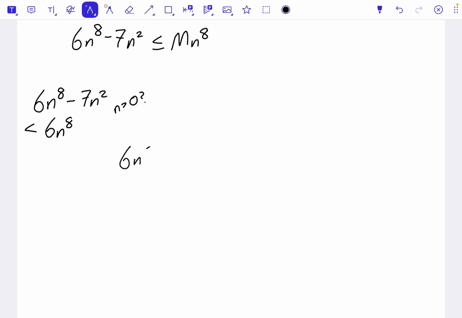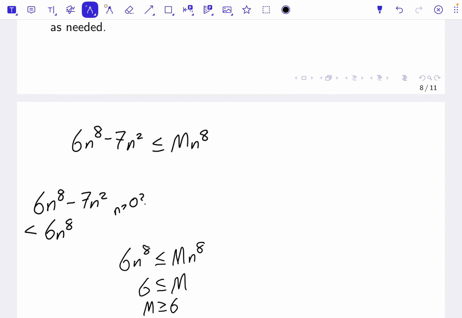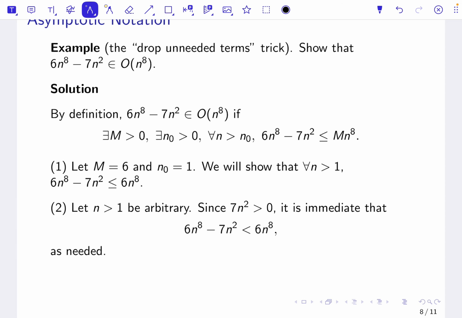So 6n to the power of 8 less than or equal to m to the power of 8. We end up with m greater than or equal to 6. Accordingly, we choose m equal to 6 and m greater than 0.